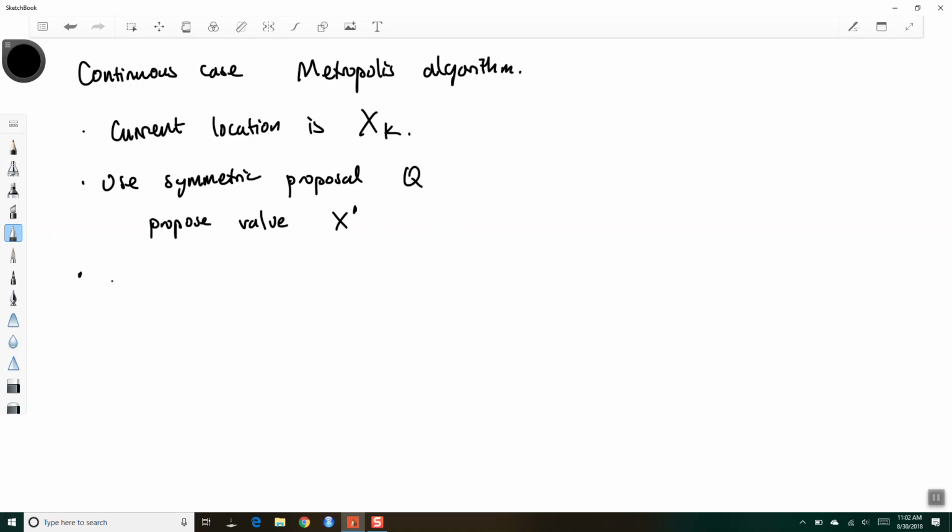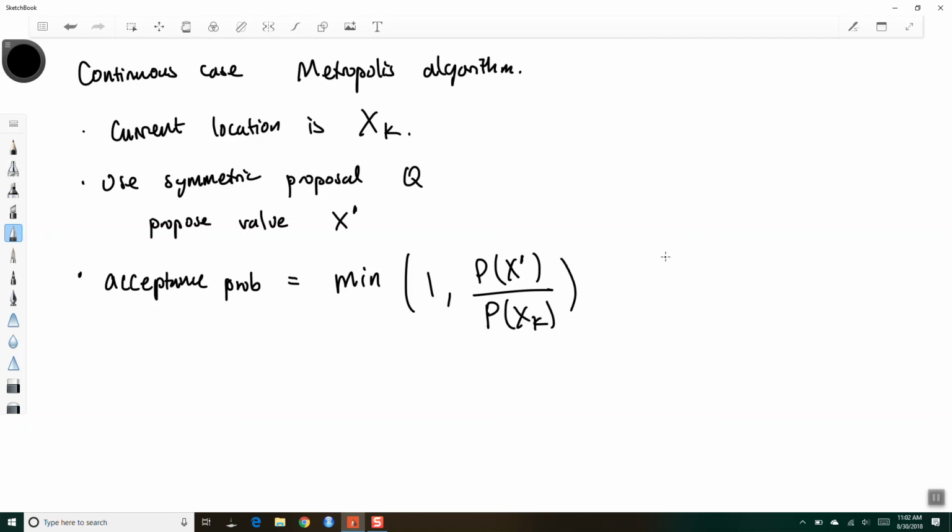Okay, you have your acceptance probability, which is going to be equal to the min of the probability of x prime divided by the probability of xk, right? Where p is the PDF of the target distribution.